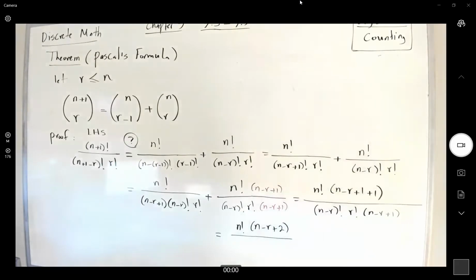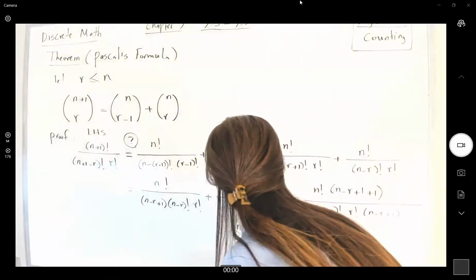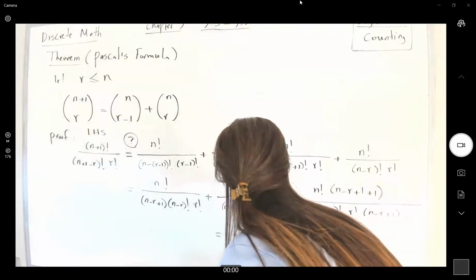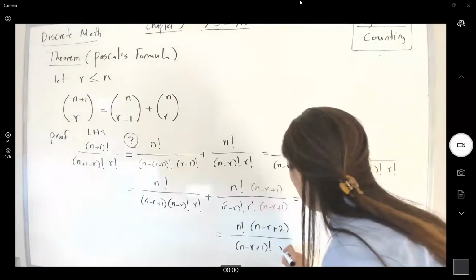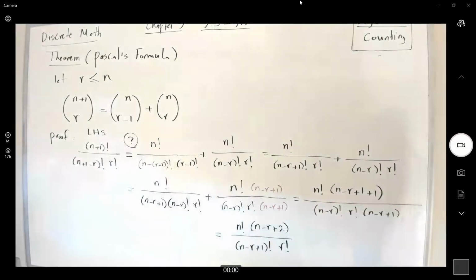And down here I get (n minus r plus 1) factorial times r factorial. Very well.